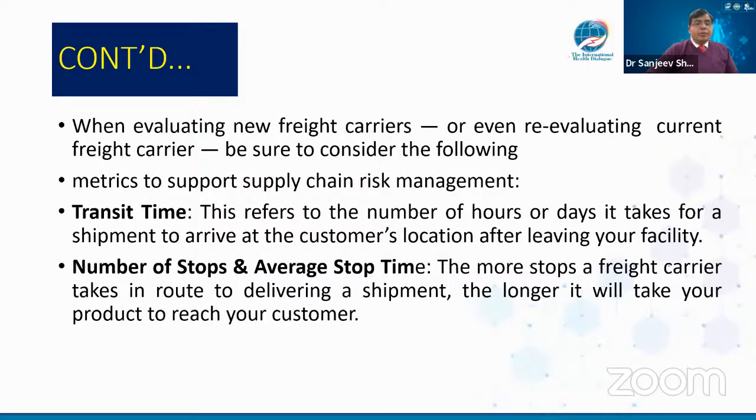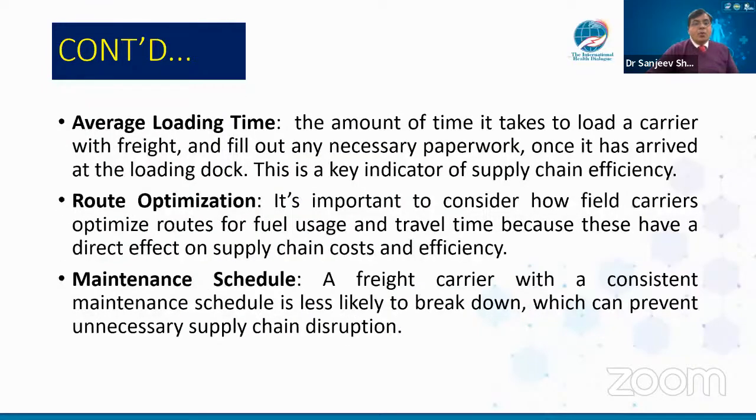Before looking into a vendor and his freight courier, we have to check certain metrics: transit time, how much time it takes to supply from one location to another, how many stops come in between, the average stop time, the average loading time, and if possible route optimization. If it is taking more time, that may give us a quicker delivery.